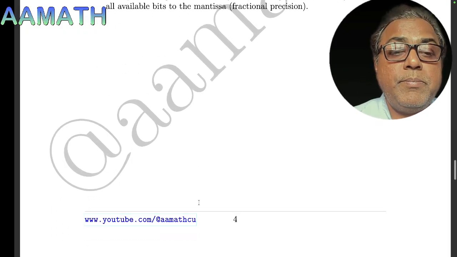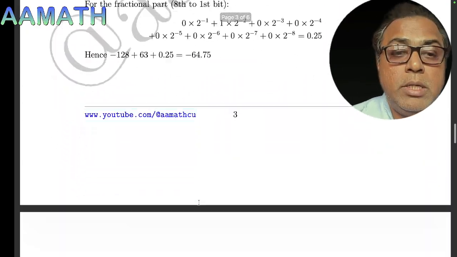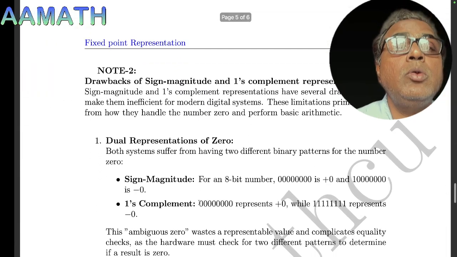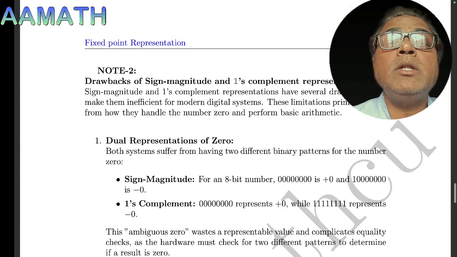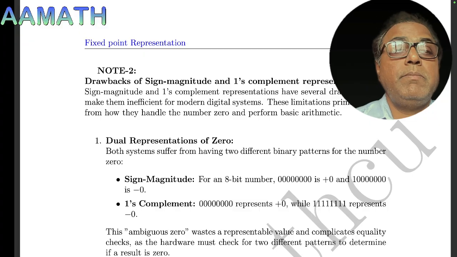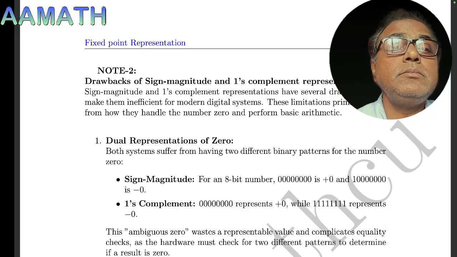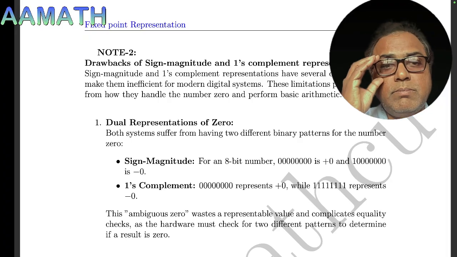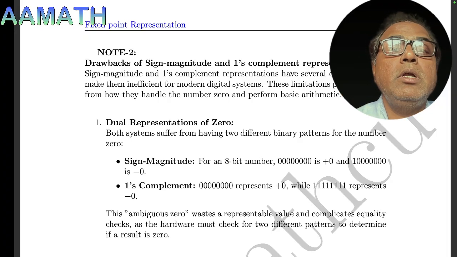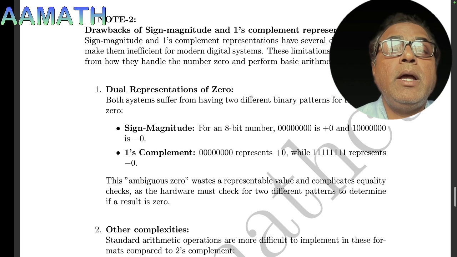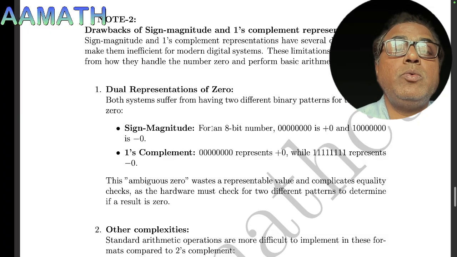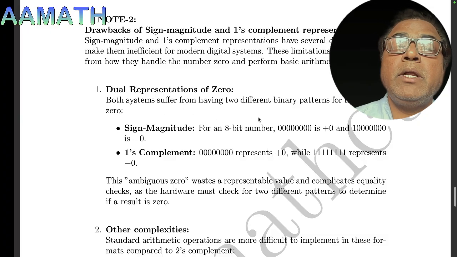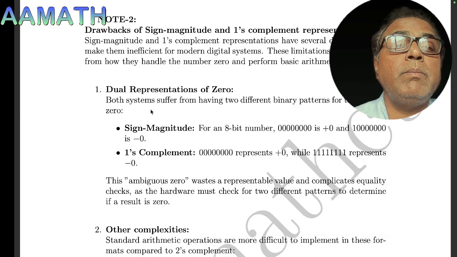And next, in note 2, drawbacks of sign magnitude and ones complement representation. Actually, sign magnitude and ones complement representation have several drawbacks for representing negative numbers. Here, the dual representation of 0: both systems suffer from having two different binary patterns for the number 0.